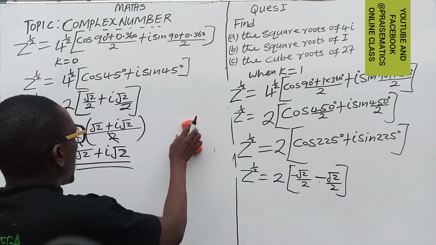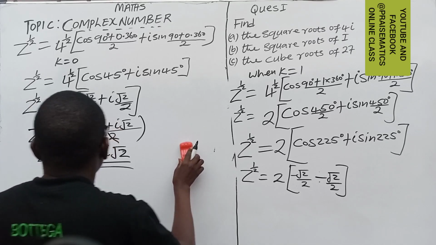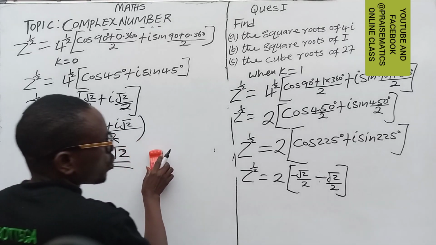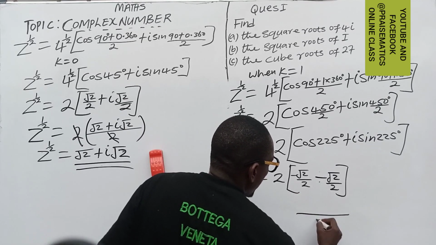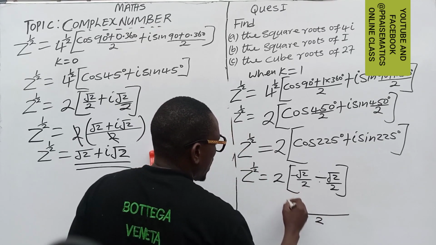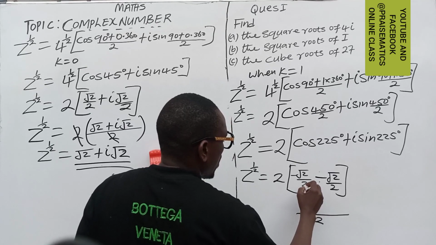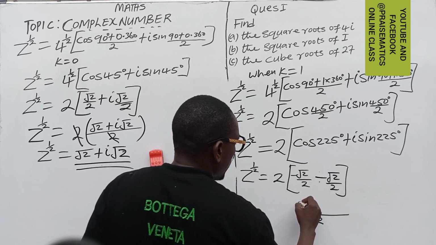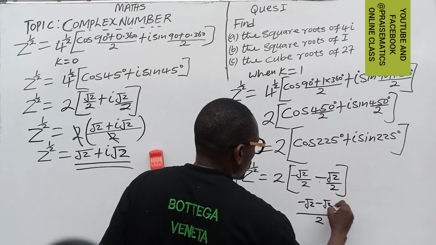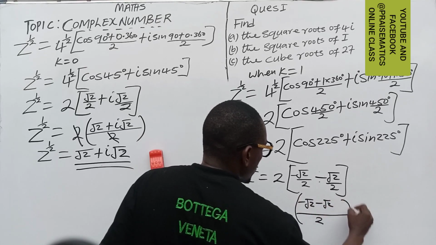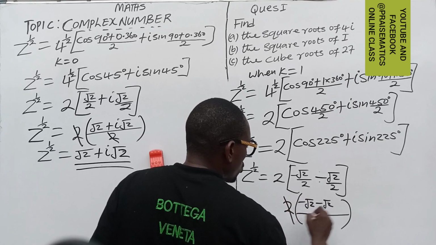Now, what do we do here? If we find the LCM, 2 divided by 2 is 1, so we have minus root 2 minus root 2, all into 2. These 2 will cancel.